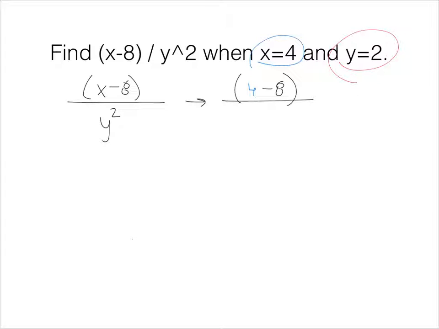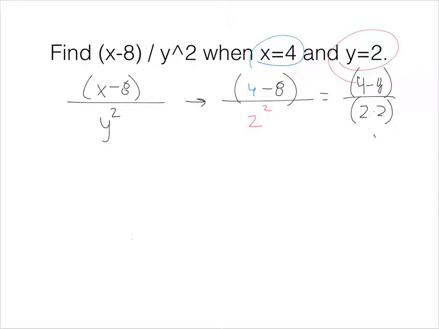And then y equaled 2, so 2 squared. That little 2 just means it's multiplying by itself 2 times. So I'm going to simplify this a little bit: 4 minus 8 over 2 times 2, because that's what that means.